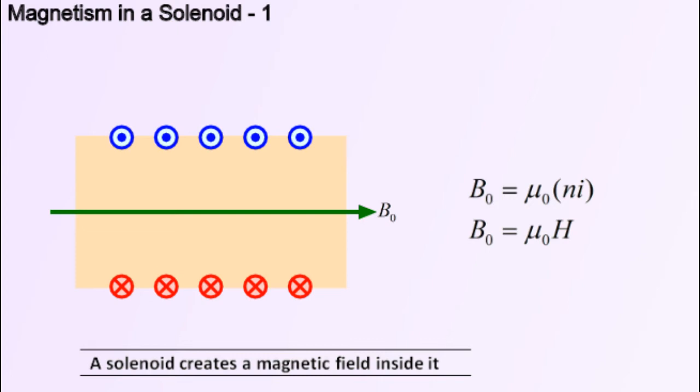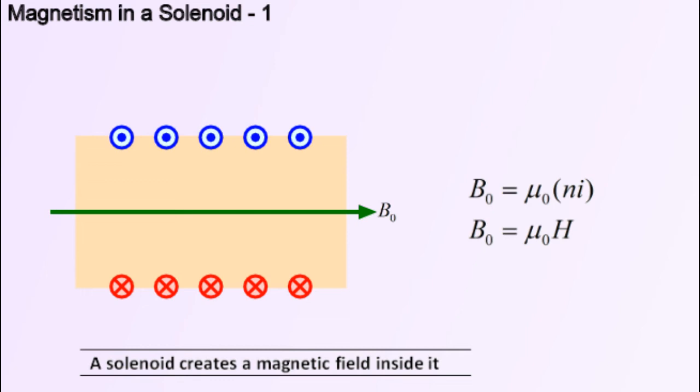We have seen this earlier, that a solenoid creates a magnetic field. Let's say that this magnetic field is B0, and B0 is μ0 times n times I, where n is the number of turns per unit length. Now we have just seen that μ0 times the magnetization is equal to the magnetic field.